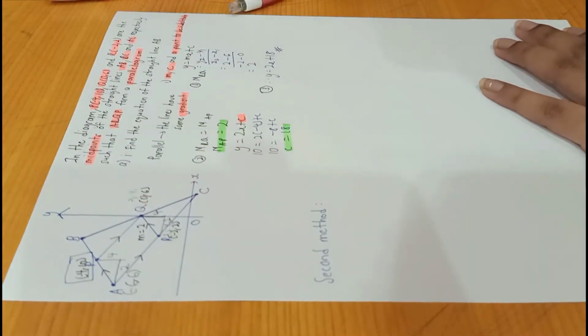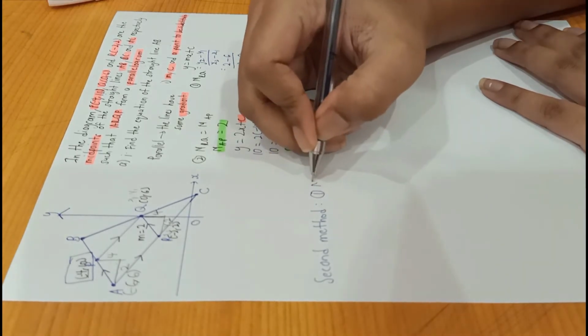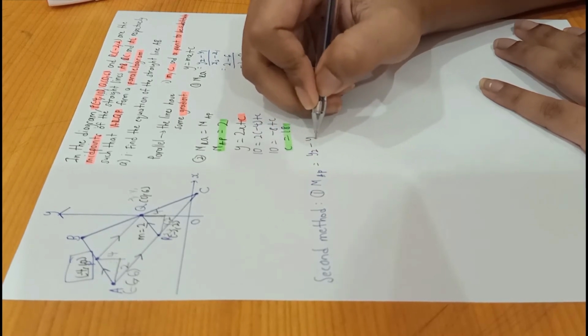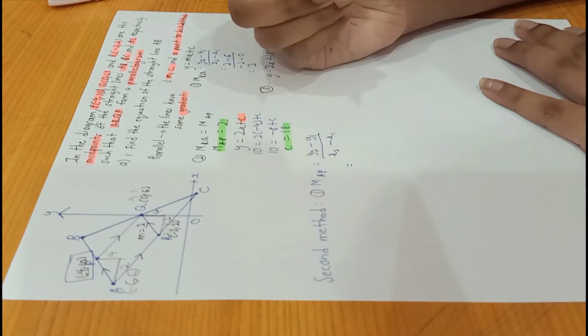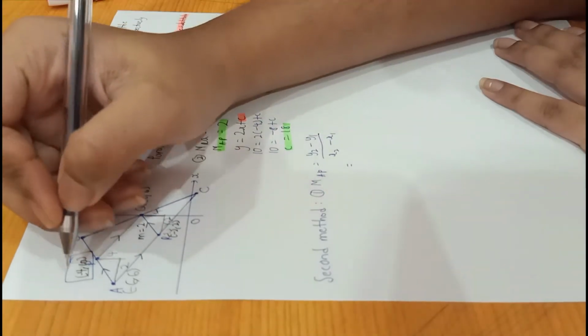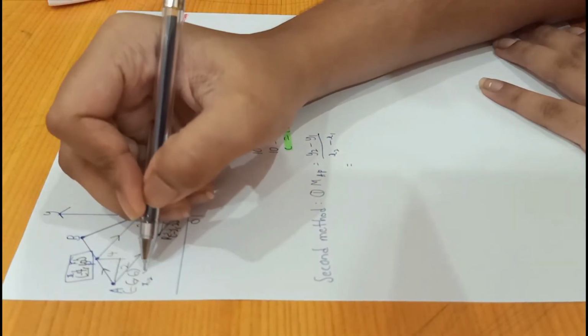Okay. Now, first we need to find the gradient of AP, which is y2 minus y1 over x2 minus x1. We already have 2 points, so we just need to substitute. I choose this as x1, y1 and this as x2, y2.